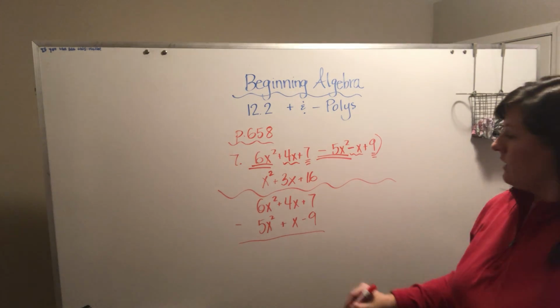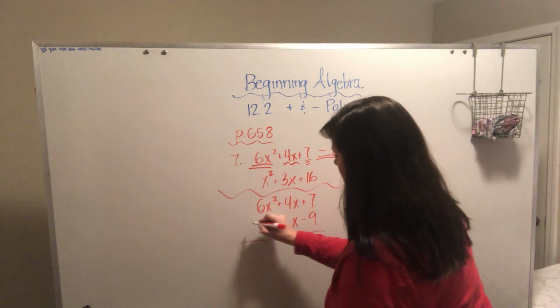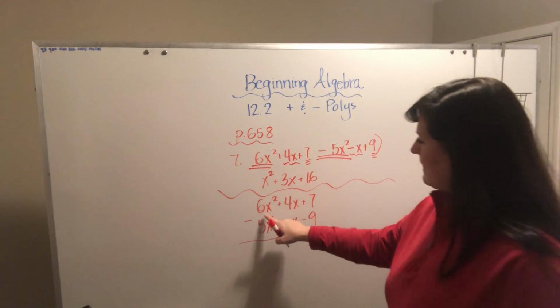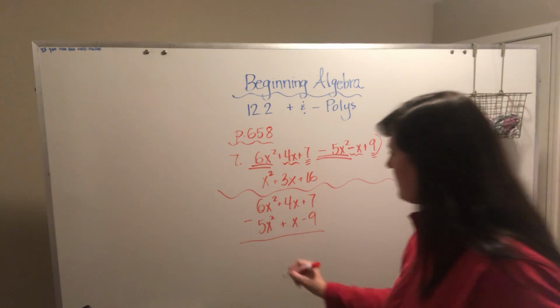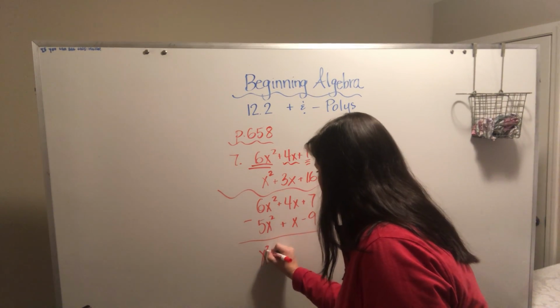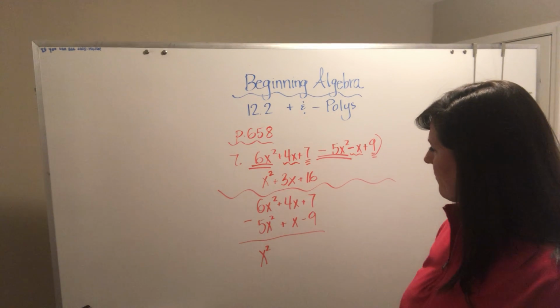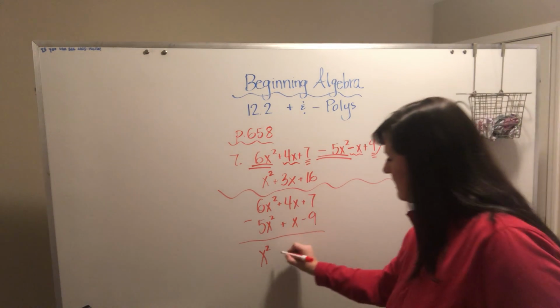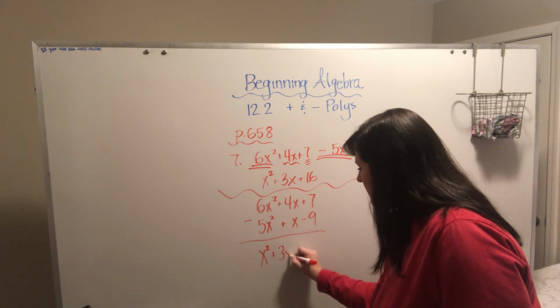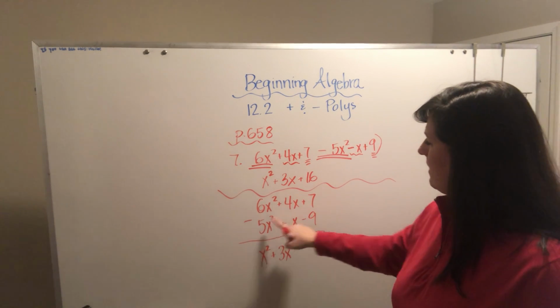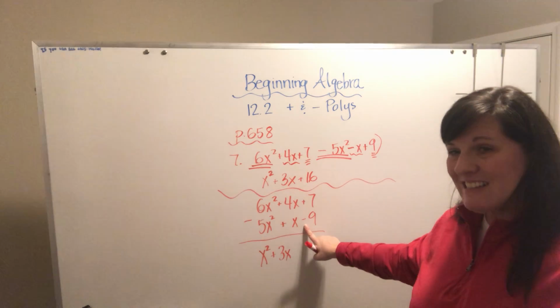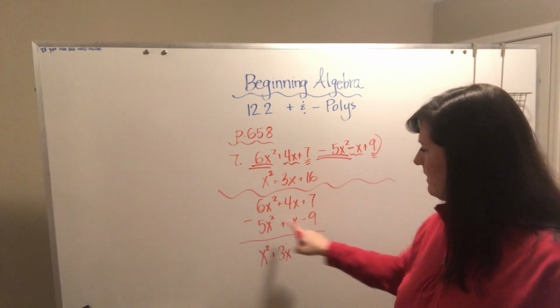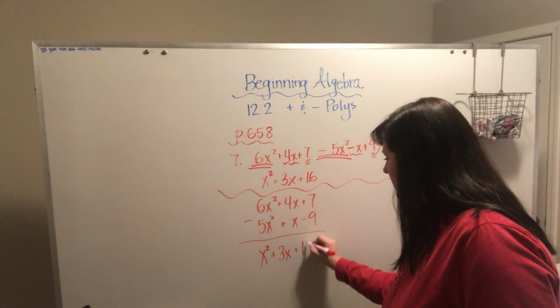So if it's vertical, put this a little closer. 6x squared minus 5x squared. All right, still x squared. Good, check. 4x minus 1x, 3x. 7 minus 9 becomes plus. Minus minus is 16.